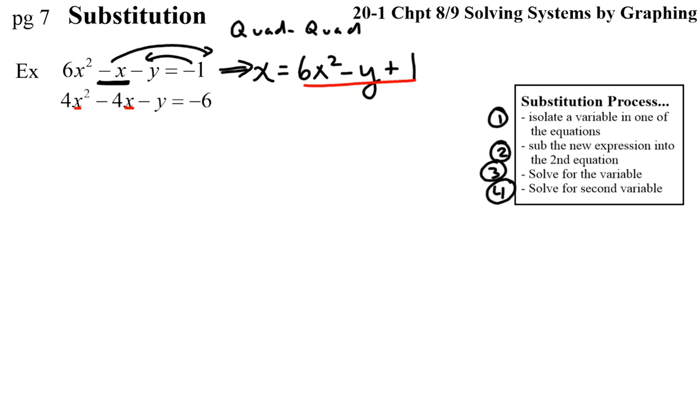So here we go. 4 bracket 6x squared minus y plus 1 squared minus 4x minus y equals -6. So now we need to do FOIL to get the brackets eliminated.